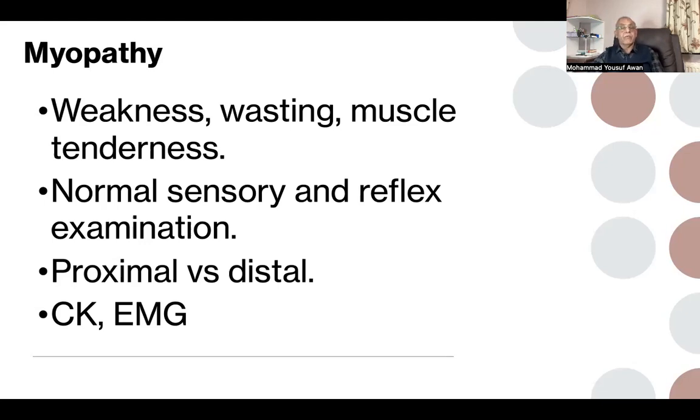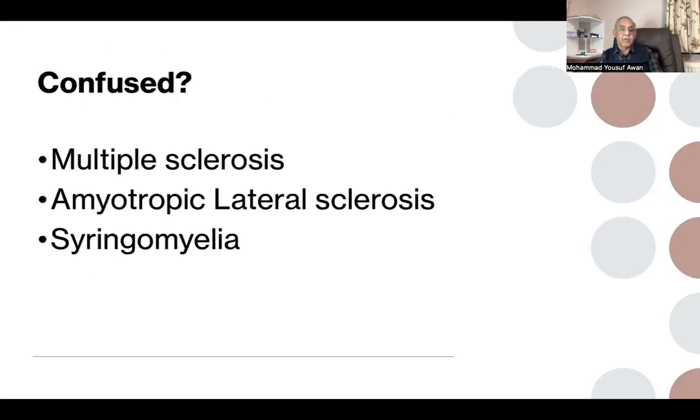These are the features of proximal muscle weakness. In distal muscle weakness, as in motor neuron disease, you have wasting of the small muscles of the hand and the feet. Creatine kinase will be raised, and EMG will be more or less helpful in diagnosing the myopathies.